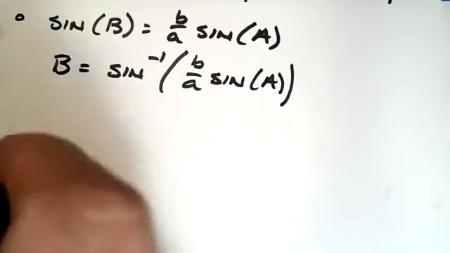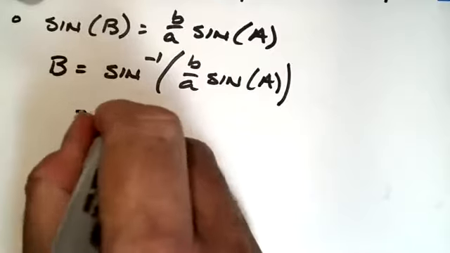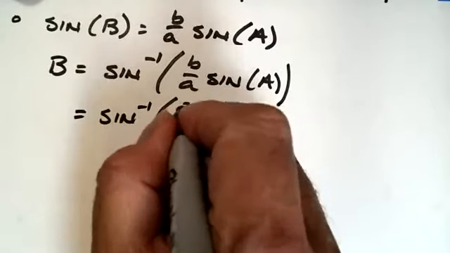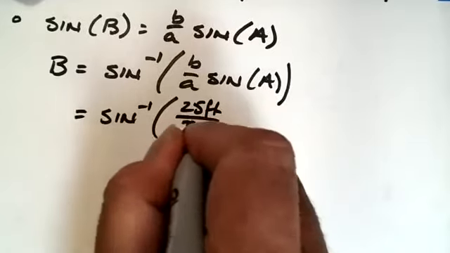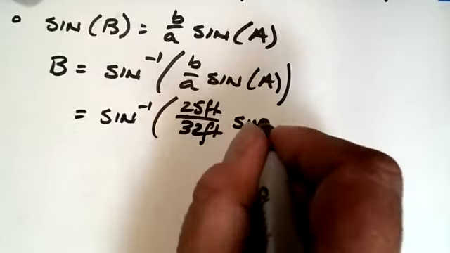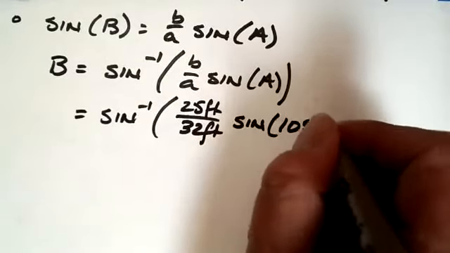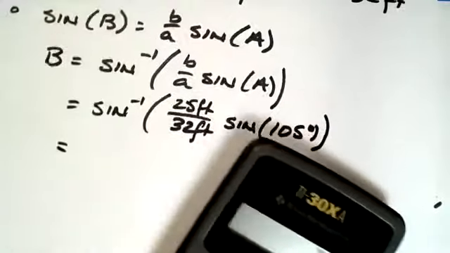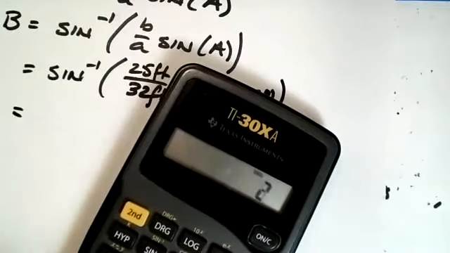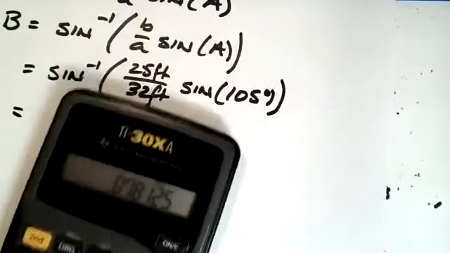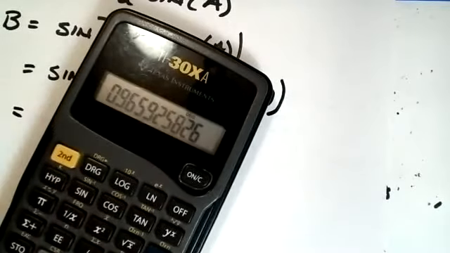And as we calculate it here, I've got the inverse sine of B over A, so 25 feet over 32 feet, times the sine of 105 degrees. So B will come out as 25 divided by 32 times the sine of 105.